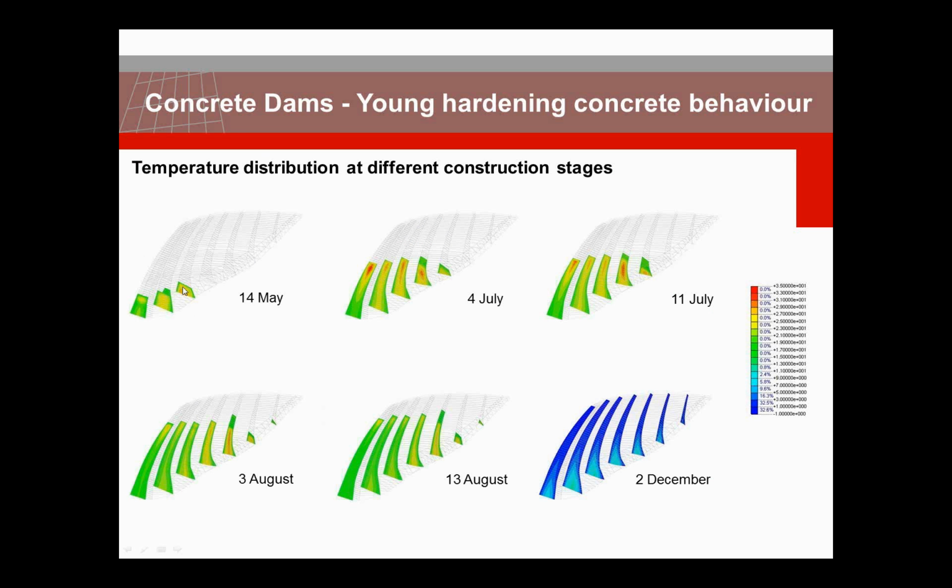And here the colored parts are the dam that was constructed at this date of 14th May. You see the dam was built in a relatively short period, a little bit more than 6 months.